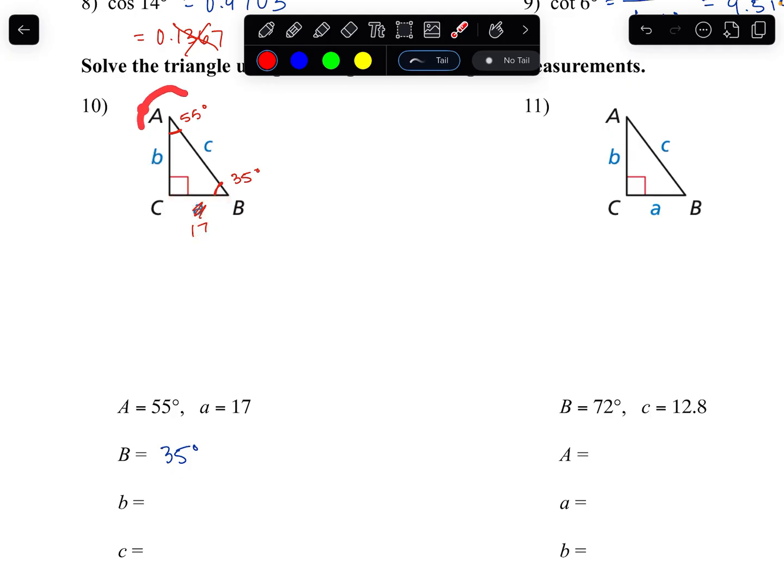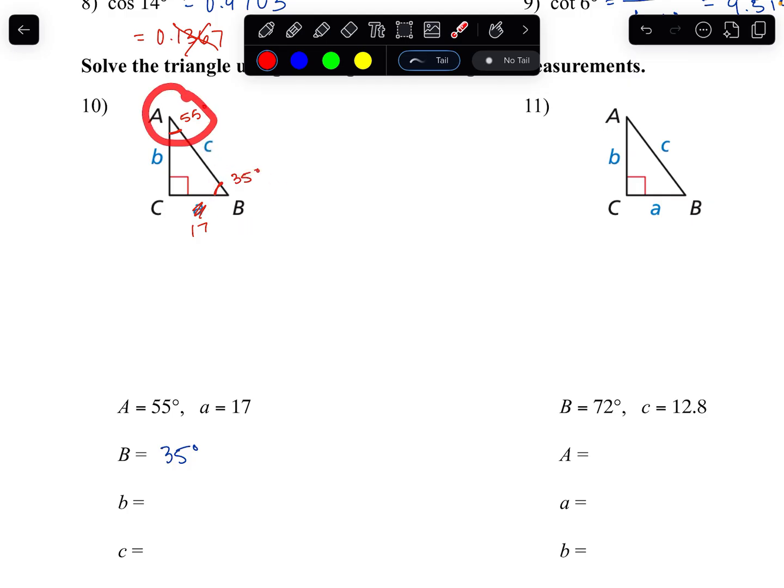Solving with tangent will help me find side B. Solving with cosine with angle B will help me find side C. Hopefully that makes sense.